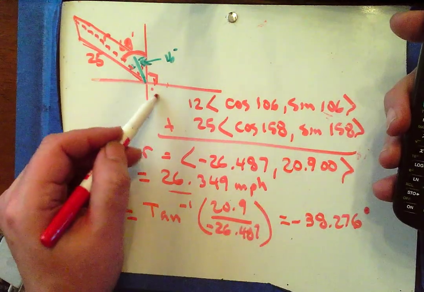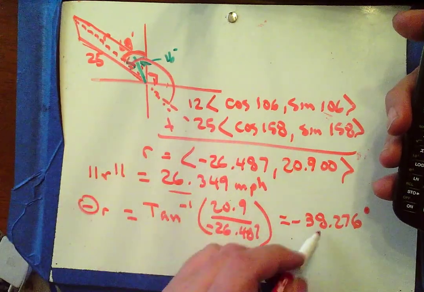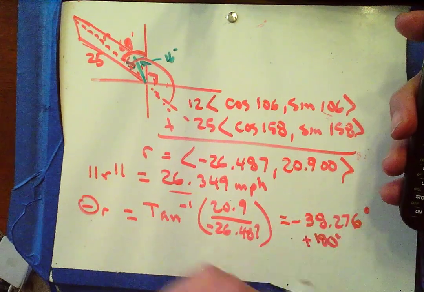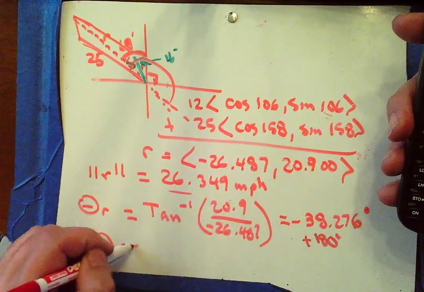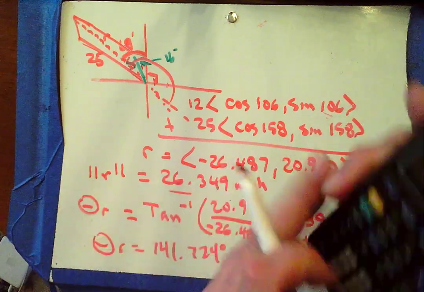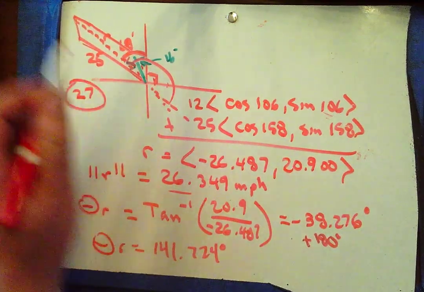Guess what? That would be over here. I don't want that. I want that one over there. So I better add 180. Plus 180 gives me theta r equals 141.724 degrees. Okay, there's problem number 27.